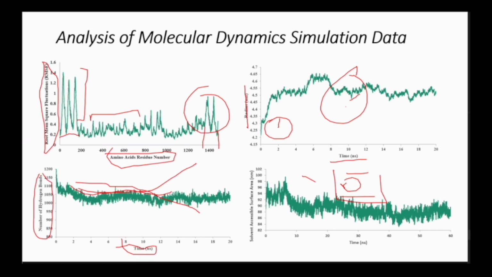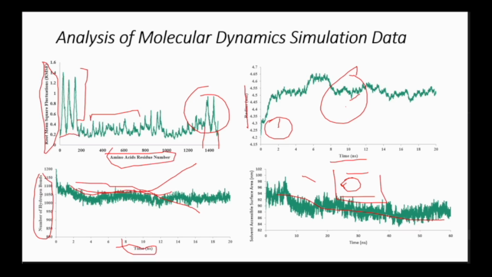So in SASA, the solvent accessible surface area, we calculate the area of the protein which is accessible to the water molecules, or any solvent that is interacting with the protein. That's what SASA is. If the solvent accessible surface area is getting down, this curve is going down, it means the protein's solvent accessible area is going down.